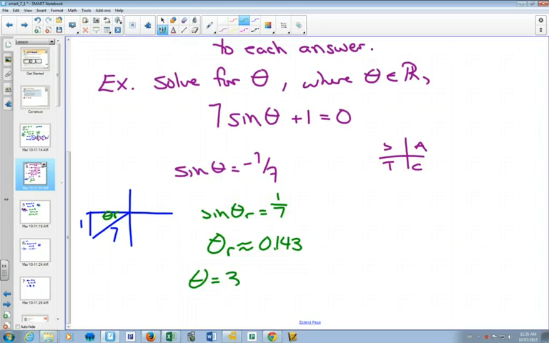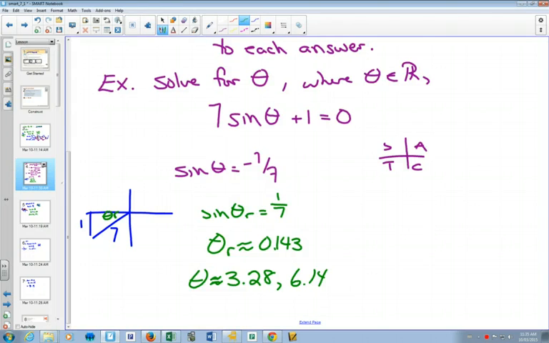One answer will be approximately 3.28, and 2 pi minus my reference angle is 6.14. Now those are my answers from 0 to 2 pi.